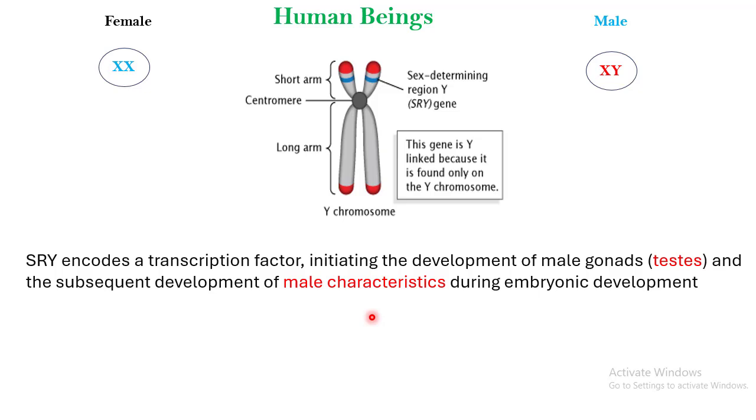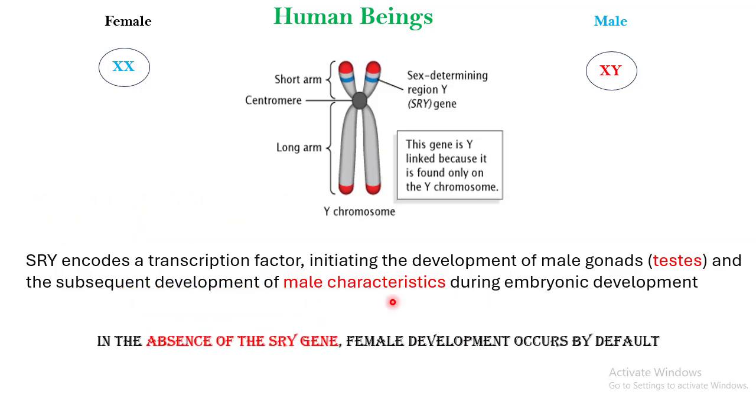So it is this SRY gene on the Y chromosome which is responsible for the formation of the testes and hence the male characteristics. What that means is, as the X chromosome does not have the SRY gene, and females do not have any Y chromosomes, in the absence of the SRY gene, female development occurs by default in human beings.